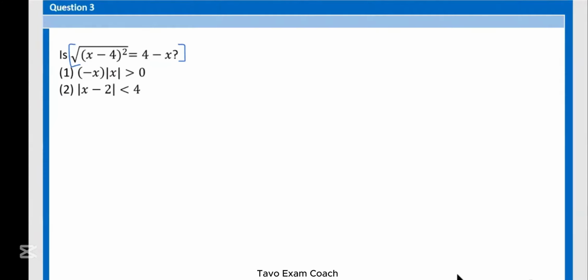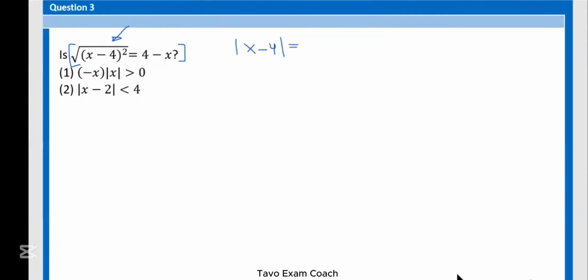Well then, one can think in terms of the equivalency of this left part of the equation. The square root of any square is always the absolute value of the base. That expression is then equivalent to the absolute value of x minus 4.